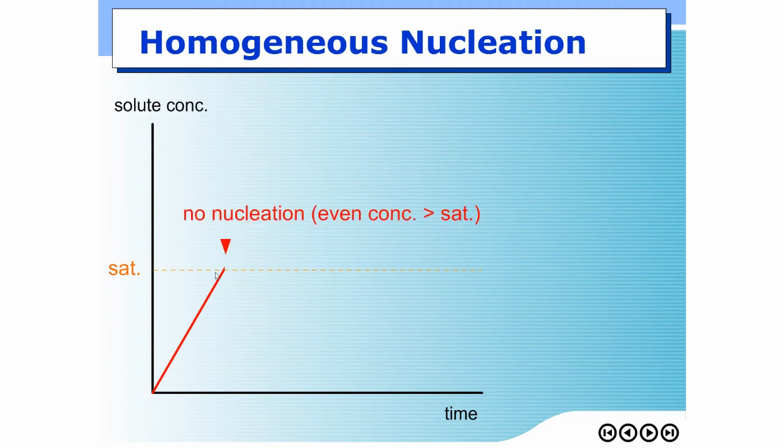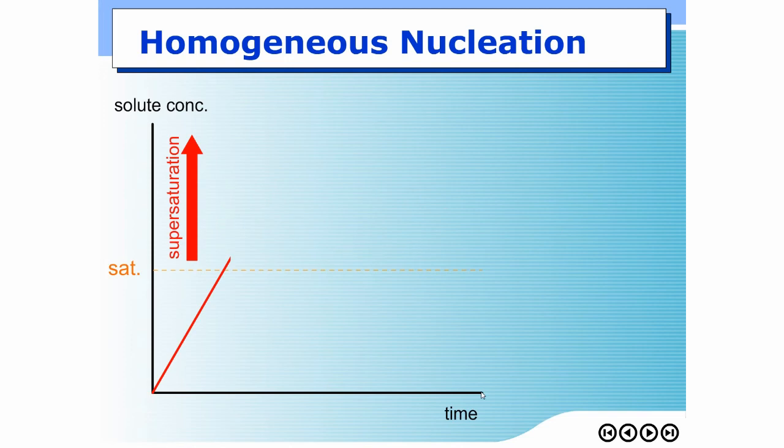Okay? At this point, no nucleation will be formed yet, even though the concentration may exceed the saturation level, because at this point the cluster size has not yet become larger than the critical size. We have not overcome the energy barrier yet. Okay?